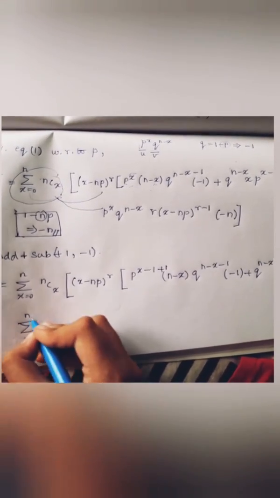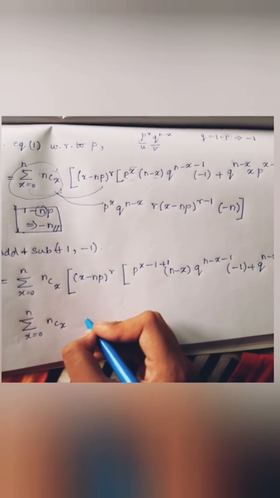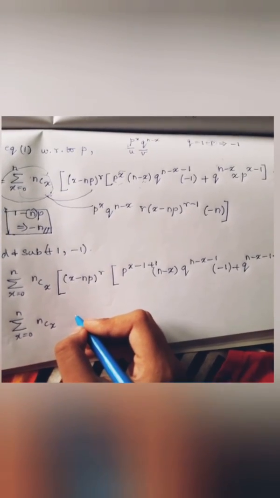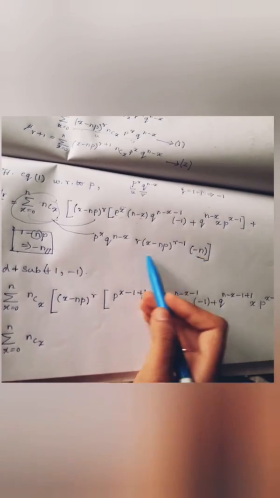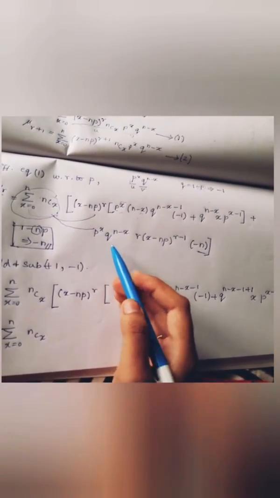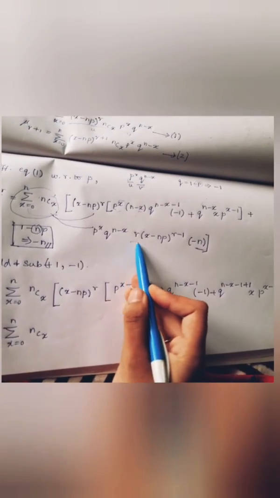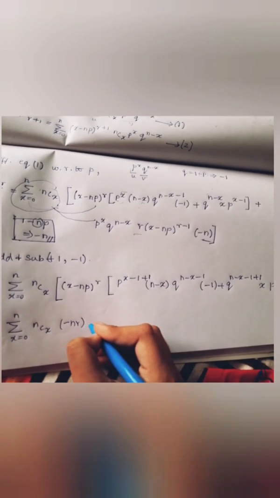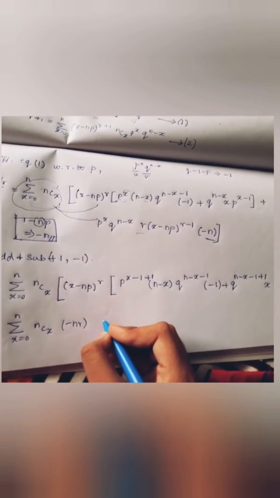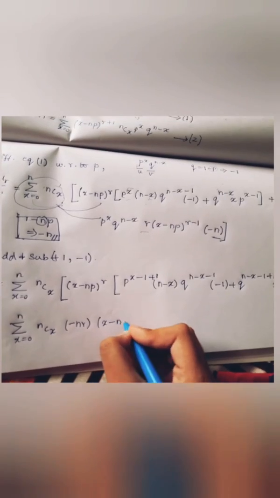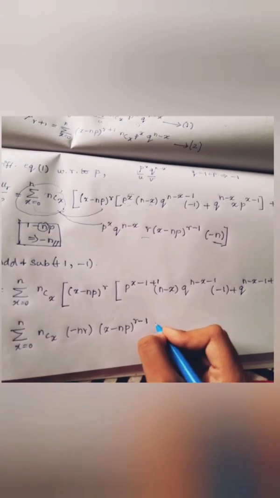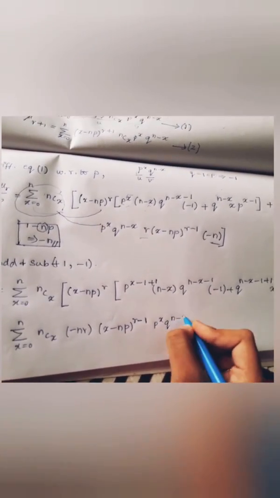Summation x is equal to 0 to n, ncx. We are getting minus n and r there, so that we are writing there as minus n r. Then x minus np whole power r minus 1, p power x q power n minus x.